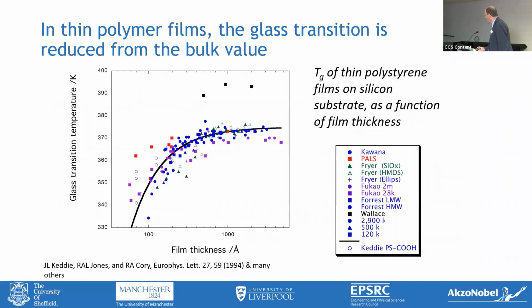Anyway, what's this got to do with interfaces? Well, a long time ago, and Simon reminds me that this was actually done in another collaboration with industry, in that case with the late lamented ICI and some others.